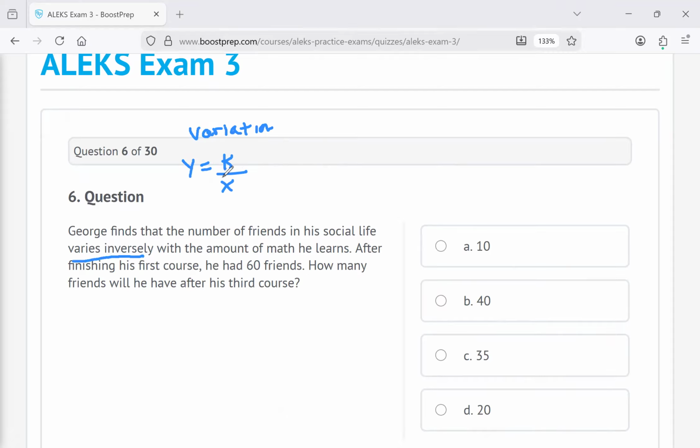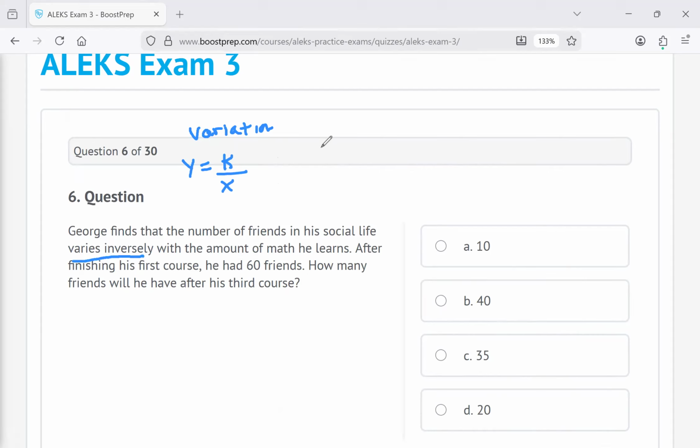Let me double check. Yes, when you hear varies inversely, it's y equals k over x.